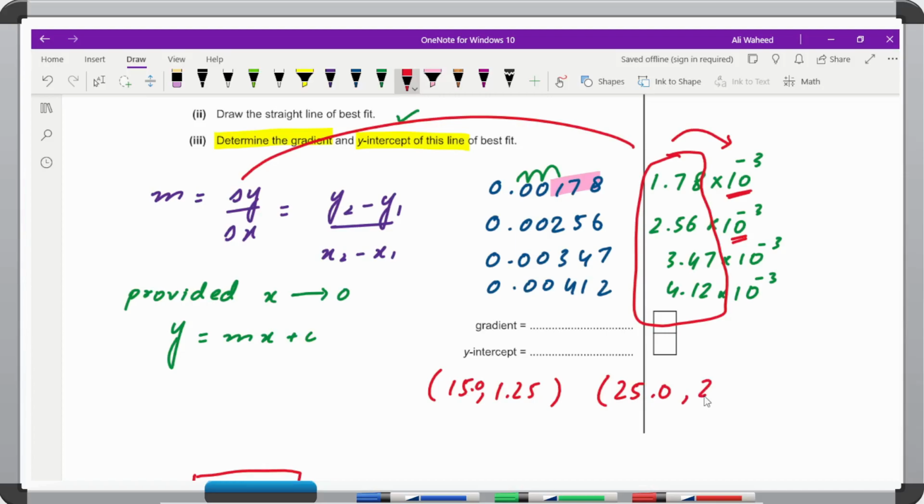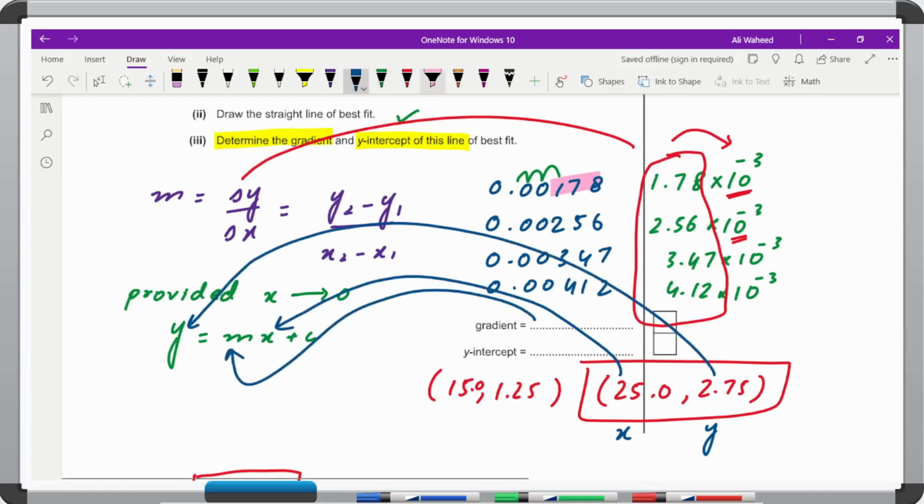You have chosen this point in order to find the y-intercept. So this is your x, this is your y. So you insert the value of x over here, you insert the value of y over here, you insert the value of gradient which you calculated previously over here, and then you can safely find the value of y-intercept.